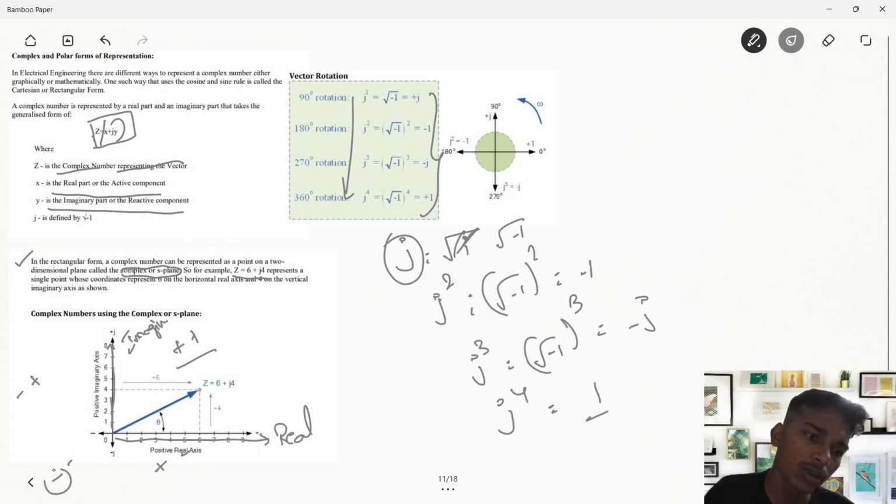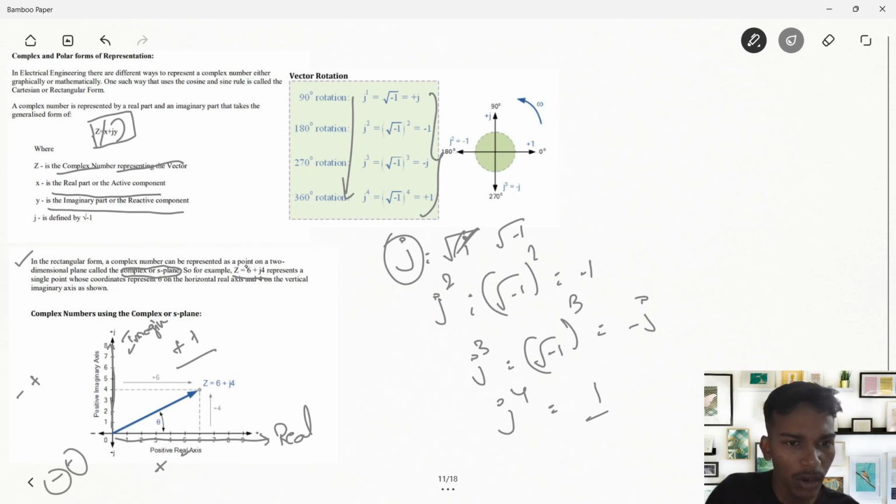In the third quadrant, both horizontal and vertical axes are negative. In the fourth quadrant, the horizontal axis is positive and the vertical axis is negative. These are the analogies that we read in the rectangular coordinate system, right? Plus plus, minus minus. The same thing will be applicable for the imaginary axis also.